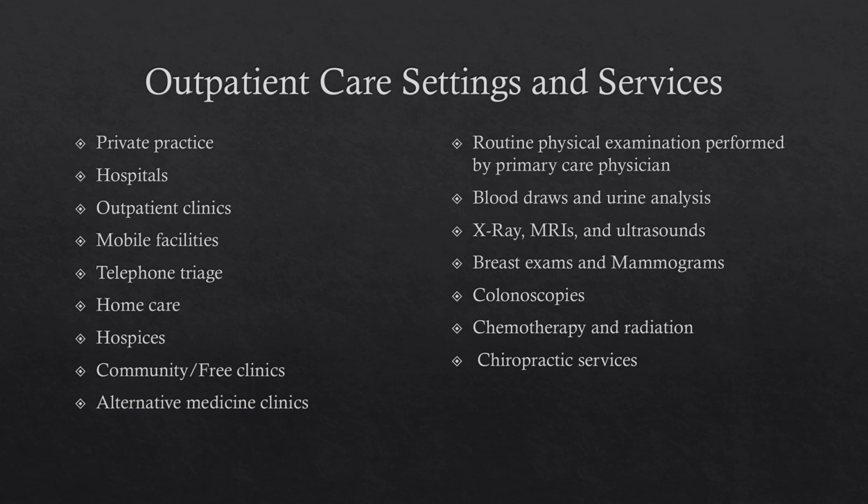We have community health centers and free clinics, also alternative medicine clinics, and then some services that you can receive in some of those settings are routine examinations, blood draws, urine analysis, x-rays, MRIs, and ultrasounds, breast exams, and mammograms, colonoscopies, chemotherapy and radiation, also chiropractic services, just to name a few.